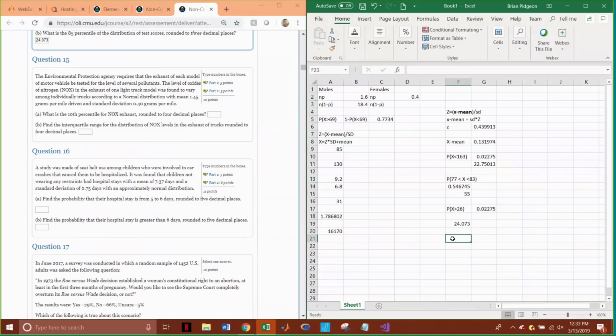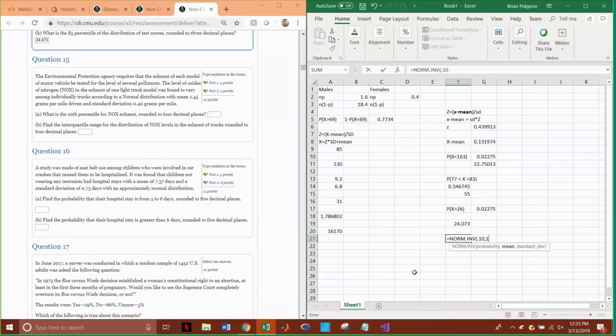The EPA requires that the exhaust of each model of a motor vehicle be tested for the level of several pollutants. So in one truck, it's been found to vary normally with a mean of 1.45 and a standard deviation of 0.40. So what is the 10th percentile? So we're going to do norm inverse again. The probability is our percentile value, 0.10.